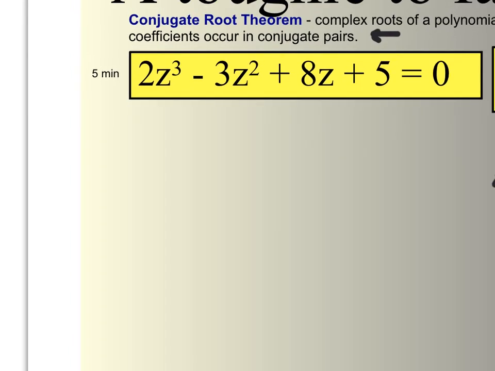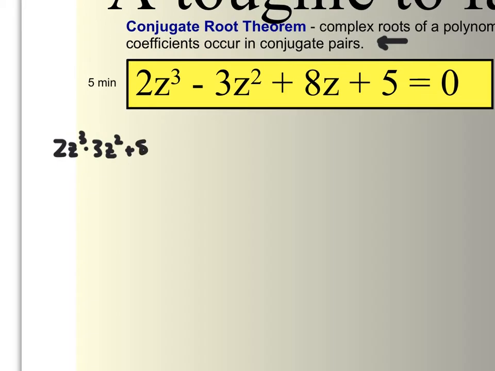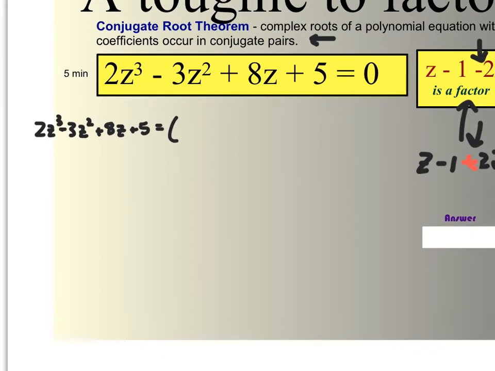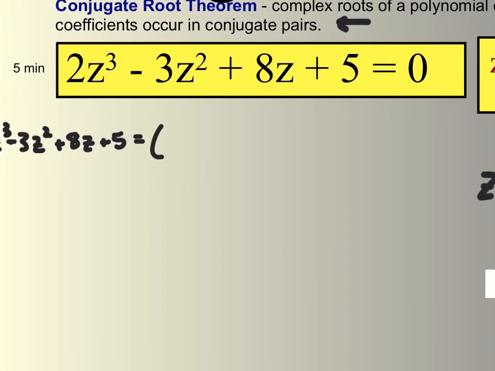So this polynomial, 2z cubed minus 3z squared plus 8z plus 5, can be represented by taking these two factors and a third factor.